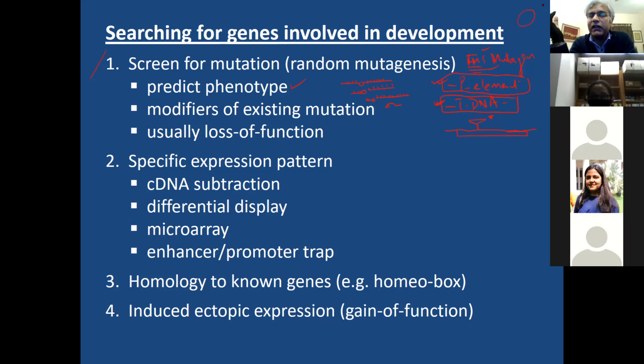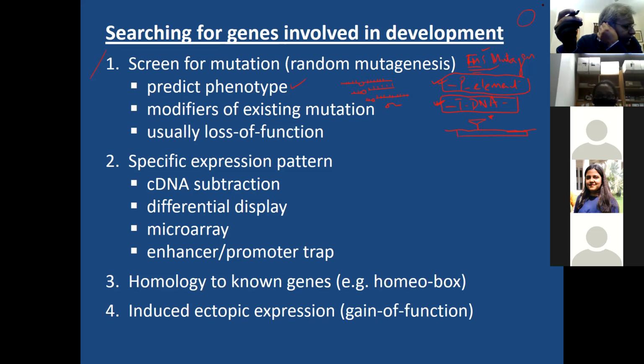Similarly, if you're interested in wing development, you will focus on phenotypes in the wing and ignore what is happening in the eye. You can also design reporters in transgenic flies, which is a more advanced strategy. So all this is about how you are going to select your mutant of interest.